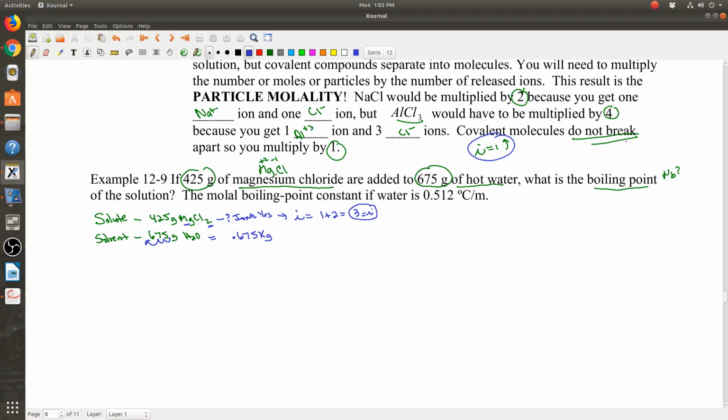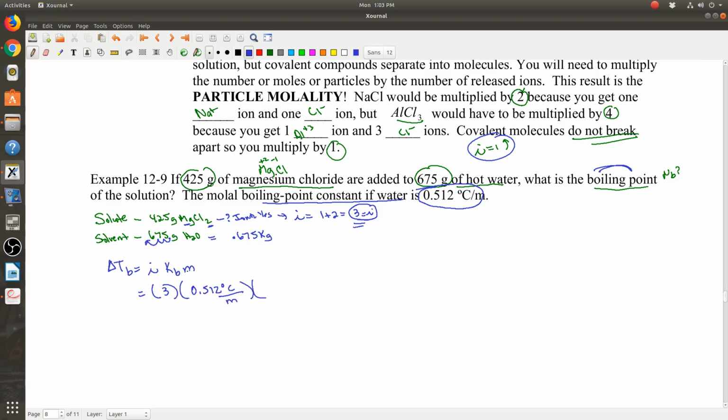All right, now it's asking me about boiling point. So what formulas do I use? First, I use delta T sub B equals i, K sub B, molality. The i is a 3, right there. We just figured that out. The K sub B, well, I gave it to you, the boiling point constant of water. If I give you the boiling point constant, that thing is the solvent. There's the value: 0.512 degrees Celsius per molal.